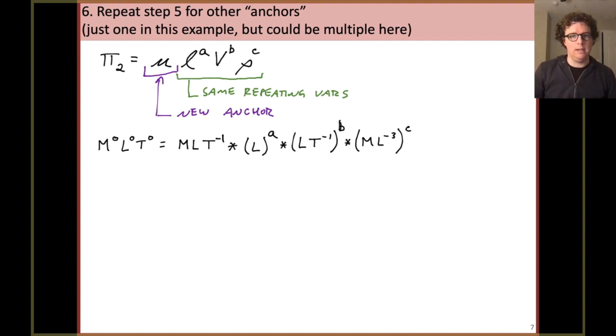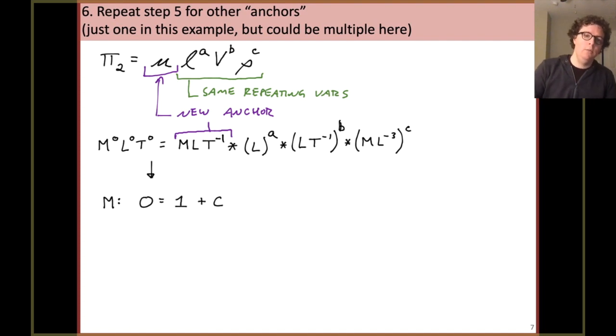On the right-hand side, we need the units that go with our new anchoring variable, mass, length per time, and then the same strategy as before for length, velocity, and density, raised to the a, b, and c power. If you had 5 repeating variables, they would be raised to the a, b, c, d, and e power. If you had only 2 repeating variables, you would just have an a and a b there.